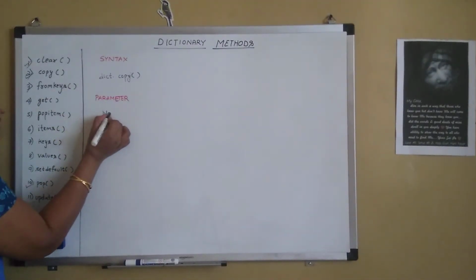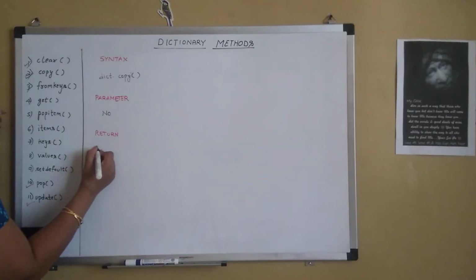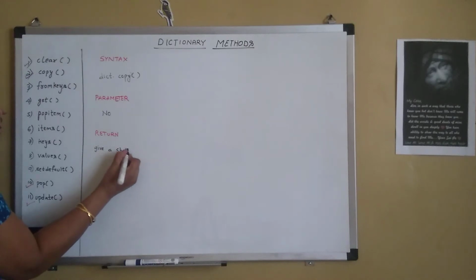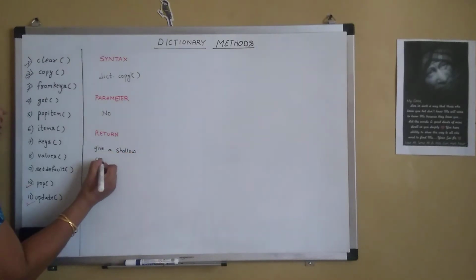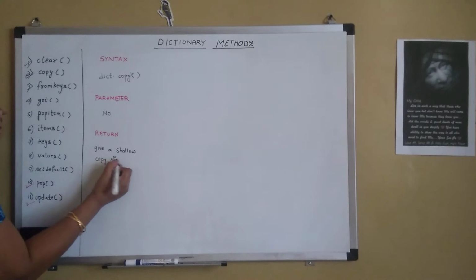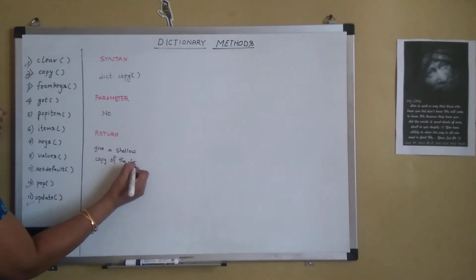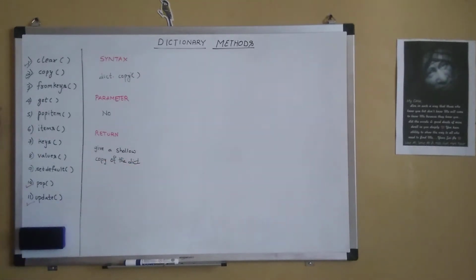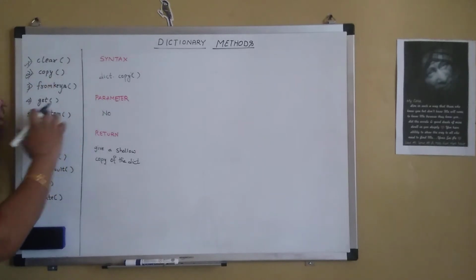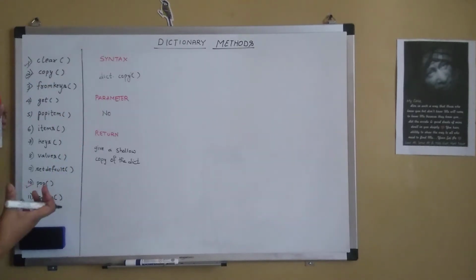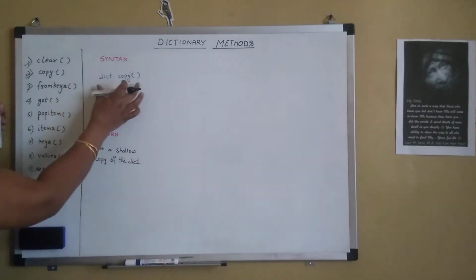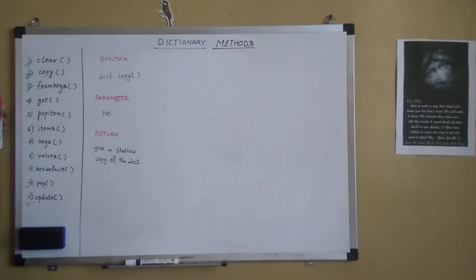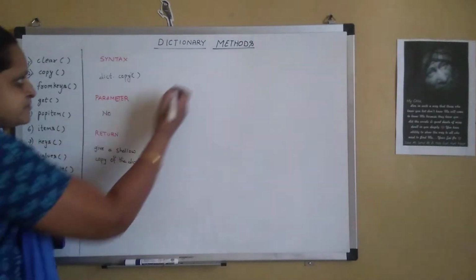No parameters are being passed, and it will give a shallow copy of the dictionary. As the name suggests, what does copy do? It copies the contents of the dictionary into another variable, and when we print that variable, we get the exact copy of the dictionary which it has been copied from.